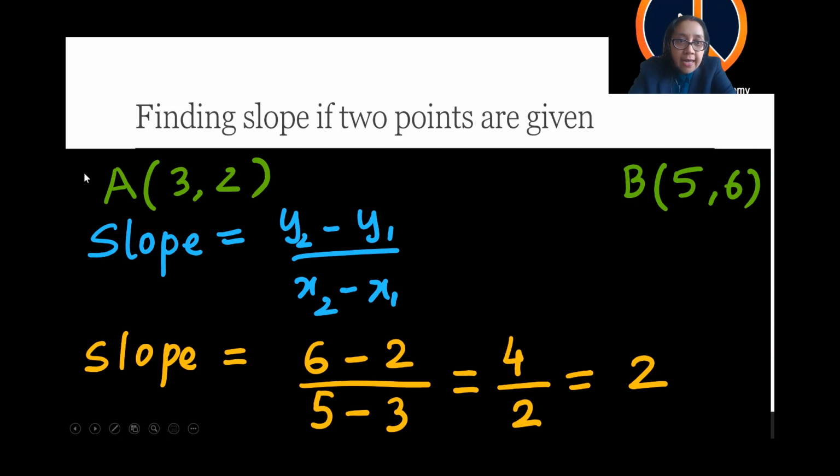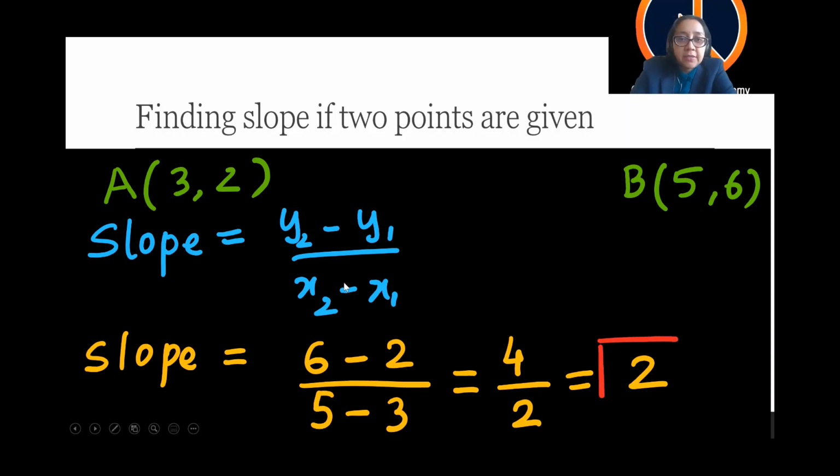They consider this as the first point and this as the second point, and while considering x, they consider it the other way around, and they get an error. So be very careful, students, about sticking strictly to a particular order. If you consider it as the first point, then stick to it for both x and y while calculating the slope of this particular line. Okay?